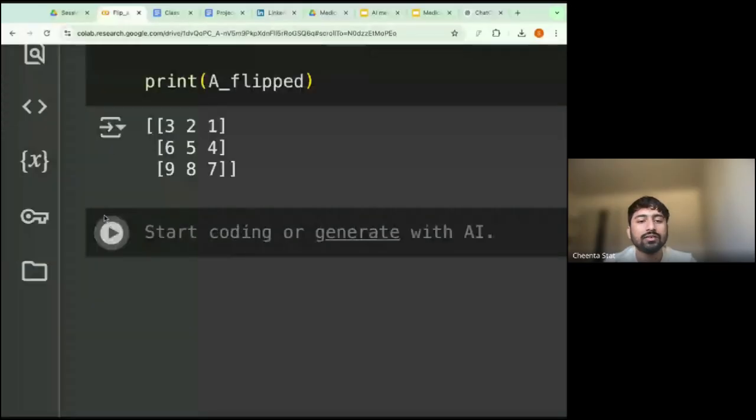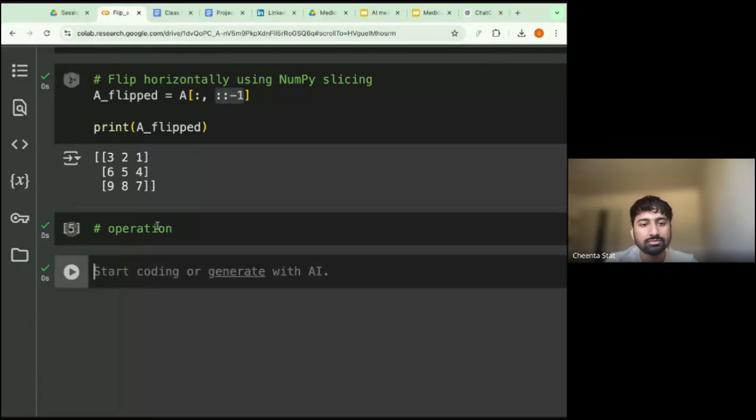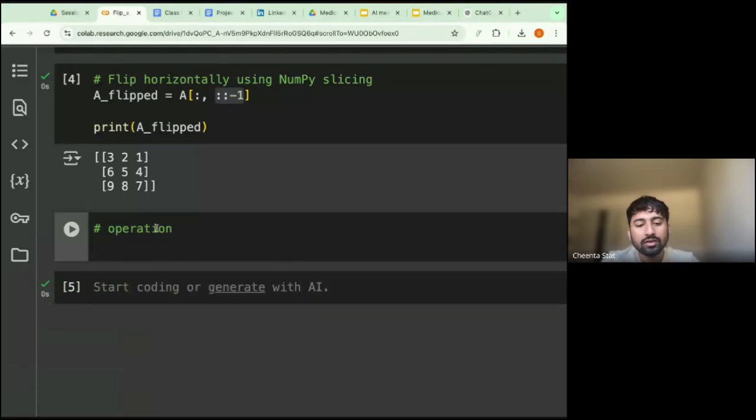So what does flipping mean? Flipping means that, essentially your goal is, here's an operation. There is an i, j and it's going to some i dash, j dash, right?